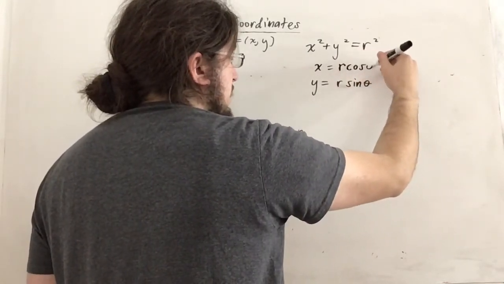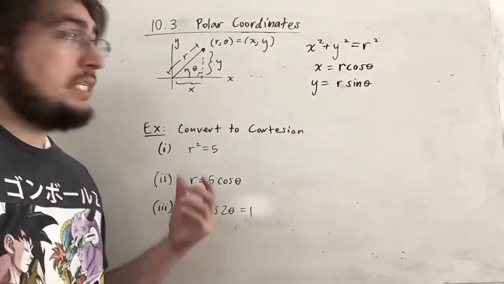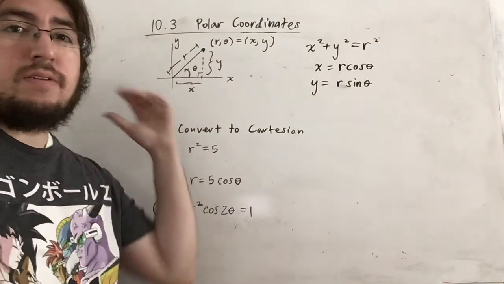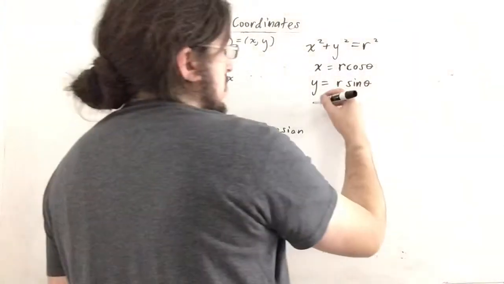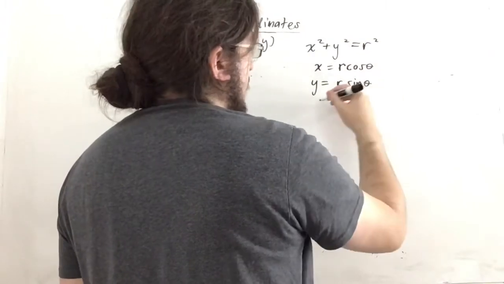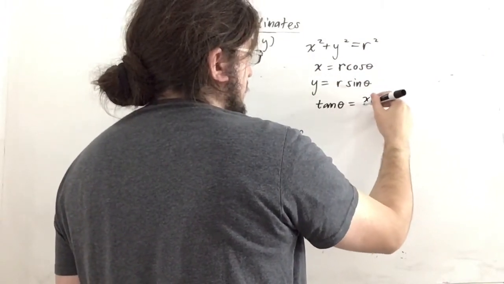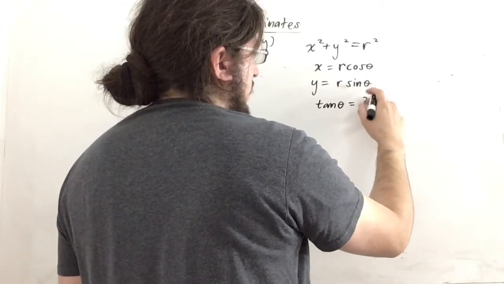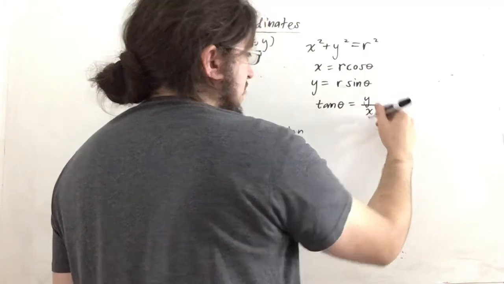Just like that. Now, of course, if you wanted to take tangent, tangent doesn't even involve r. Tangent of theta is y over x. So let me just write that here. Equals y over x. And you can actually use this to find the angle.